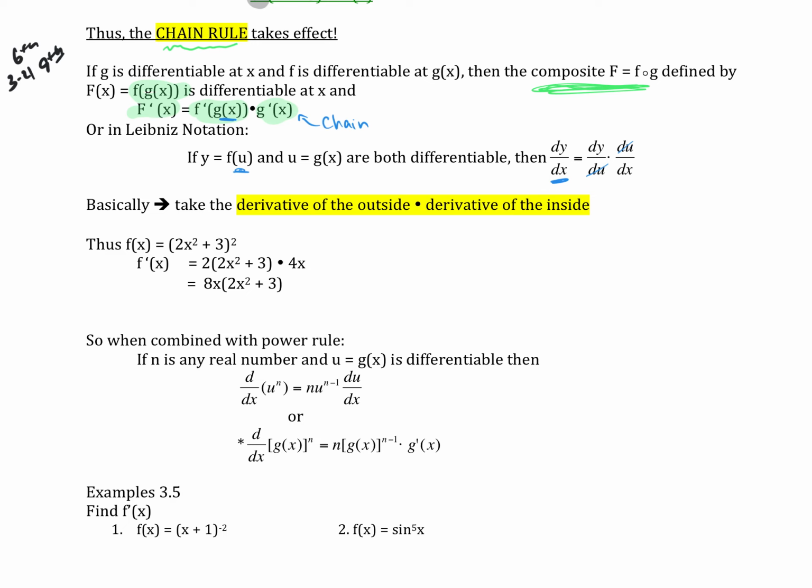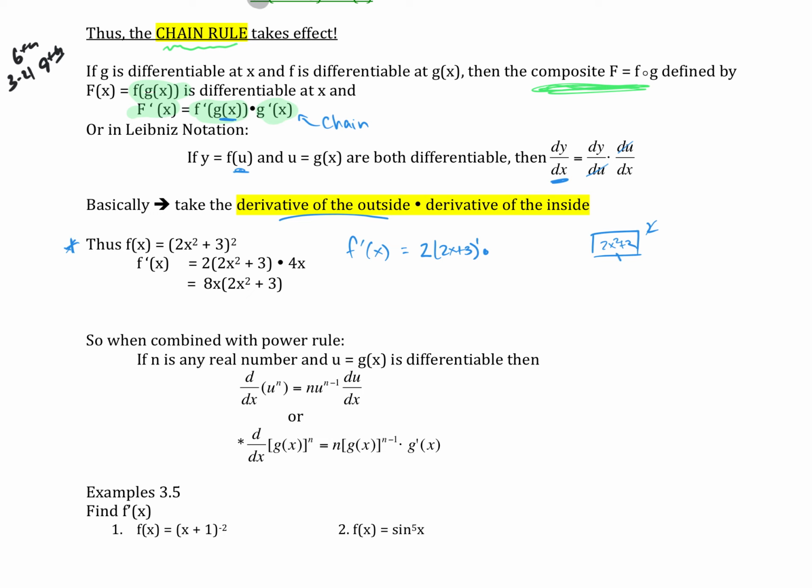But suppose I had this basic example. F prime of x, and I said take the derivative of the outside. That would mean this box right here to the second power. So this would be 2, and then whatever I had in this box, which was the 2x squared plus 3, you leave that, 2x squared plus 3, and then this obviously becomes to the first power.